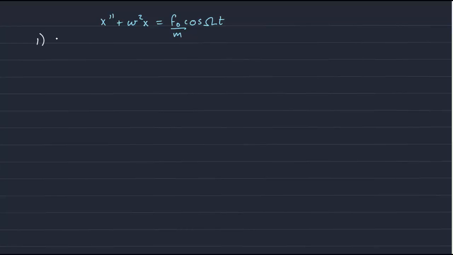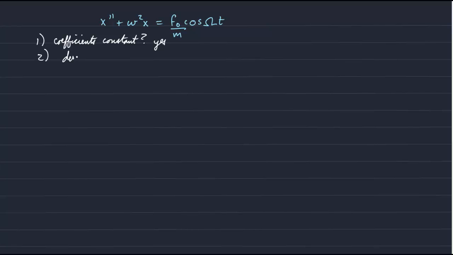So number one was to check if the coefficients were constants. And yes, they are. The second step was to determine if subsequent derivatives of the forcing function give a finite set.